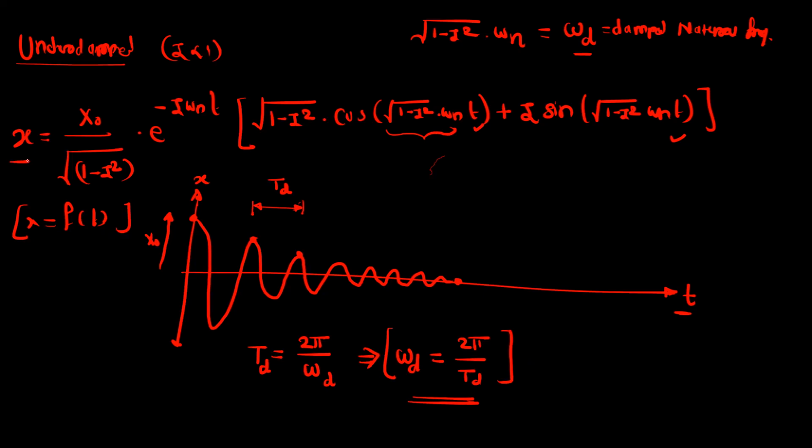So this is the equation for the underdamped vibration where zeta is less than 1. For the underdamped vibration, there is one general equation for x. You can use this equation even if you have different initial conditions.